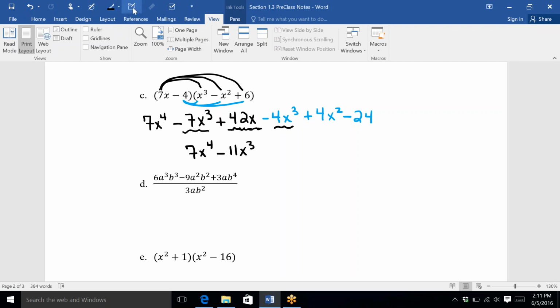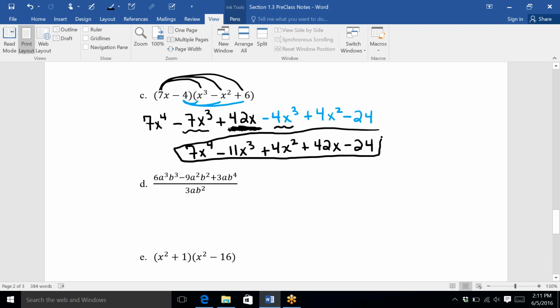Do we have an eraser? Just erase that part out right there. It's not combining with anything. So we do have a 4x squared. That would be the next lowest power. We have a positive 42x, and we have the minus 24. So not every time will everything combine.